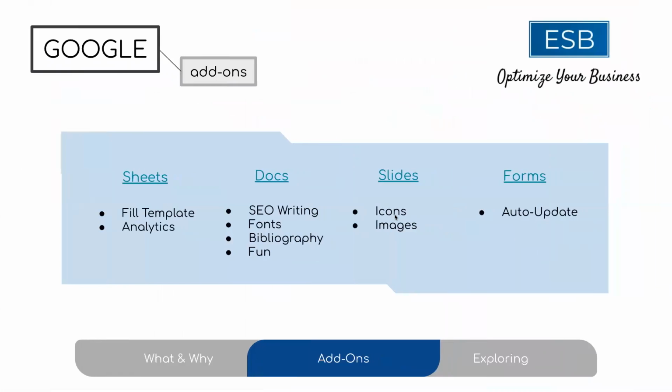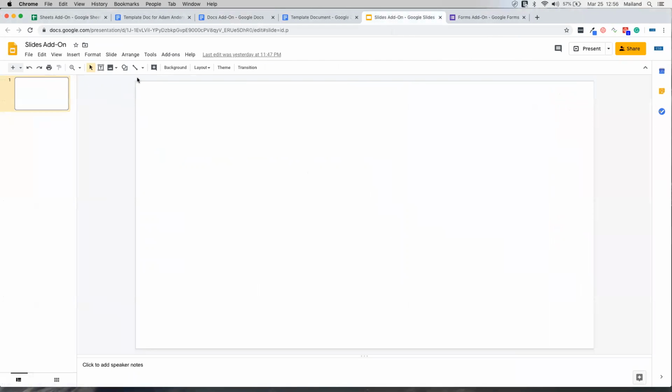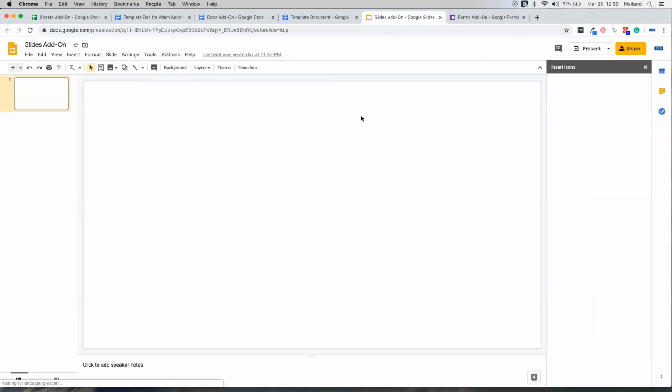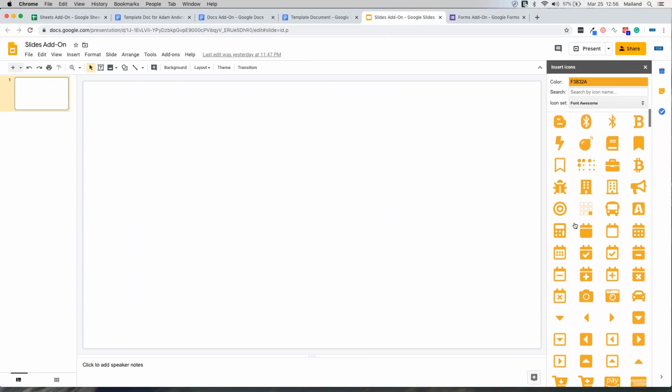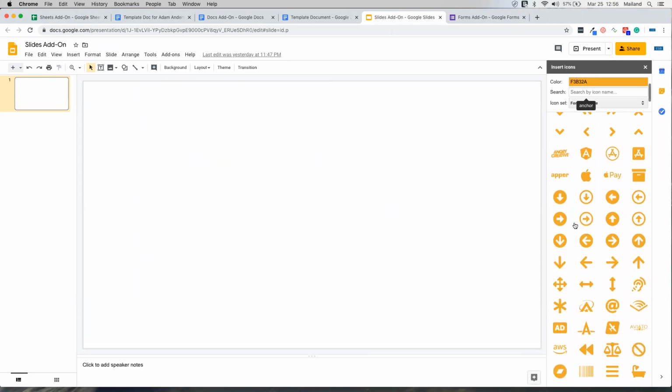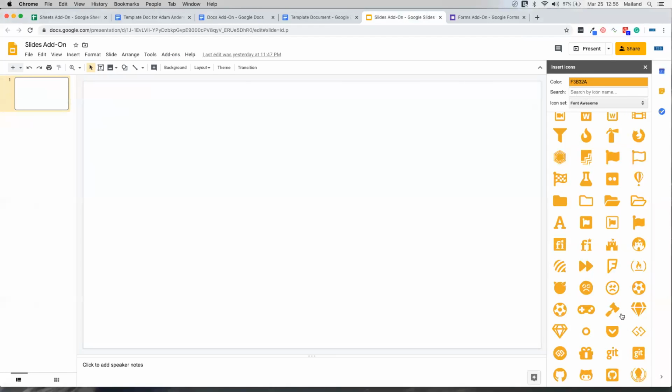As you can see here, let's do icons first. One thing that I get the most use out of, the add-on that is easily my favorite here, is Insert Icons for Slides. When I'm doing presentations, I like to liven things up with an icon, just arrows or whatever. I mean, you can throw the Apple icon in here if you want to.